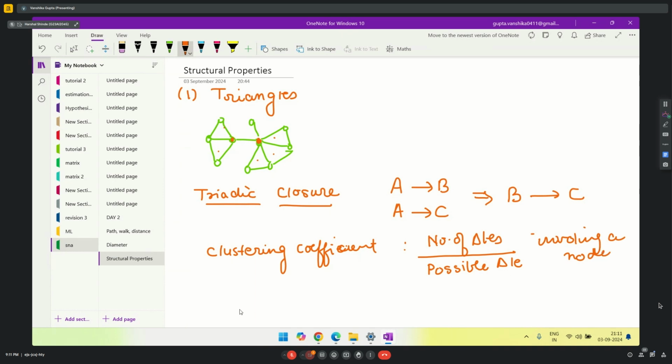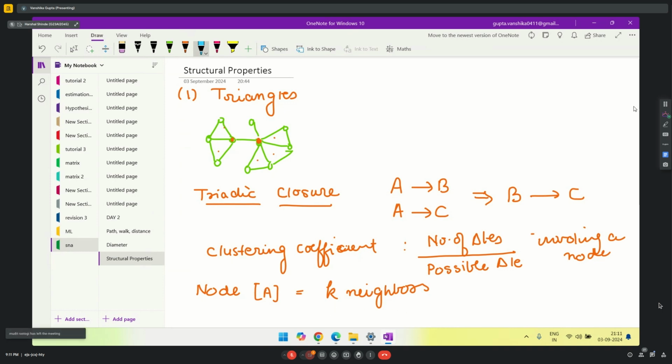Let's say I am talking about a node, and the name of the node is A. If node A has k number of neighbors, then what will be the possible triangles that can form from these k neighbors?